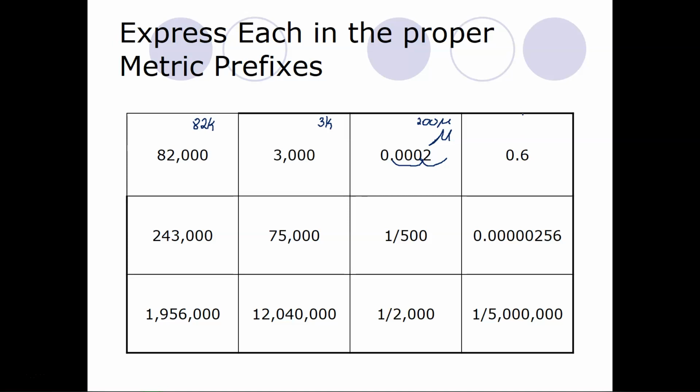And the answer for that one should be 600 milli. That's represented by a lowercase m, guys. So this one, just like the one above it, you end up with 243 kilo. You end up with 75 kilo here.